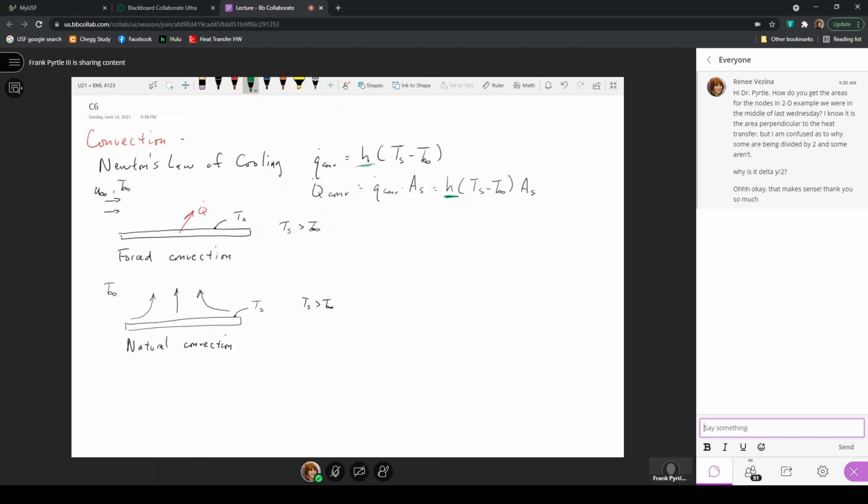Again, it's called a coefficient and not a property, because the expressions will change, or the heat transfer coefficient can change, based on the type of fluid it is, what the geometry is, and the kind of flow that actually exists.